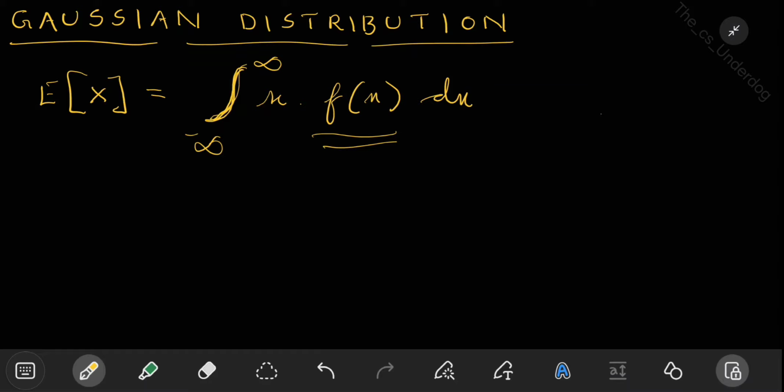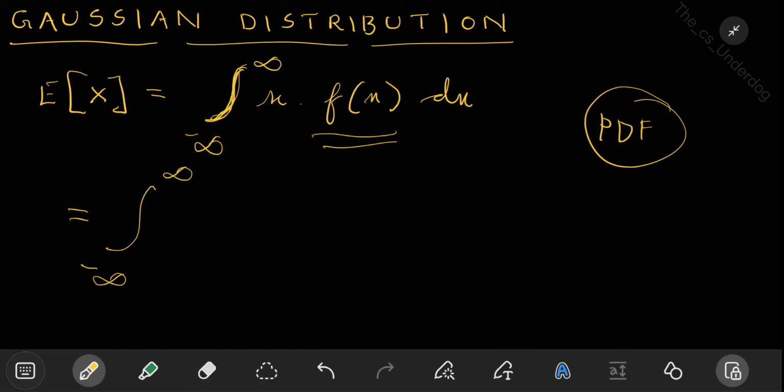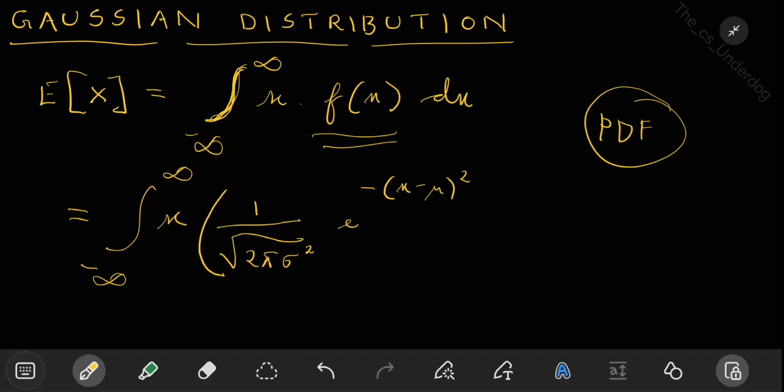So substituting the probability density function that we just learned, here you will get integral from minus infinity to infinity x into, what is your probability density function? It is 1 by root of 2 pi sigma square e raised to minus of x minus mu the whole square divided by 2 sigma square.